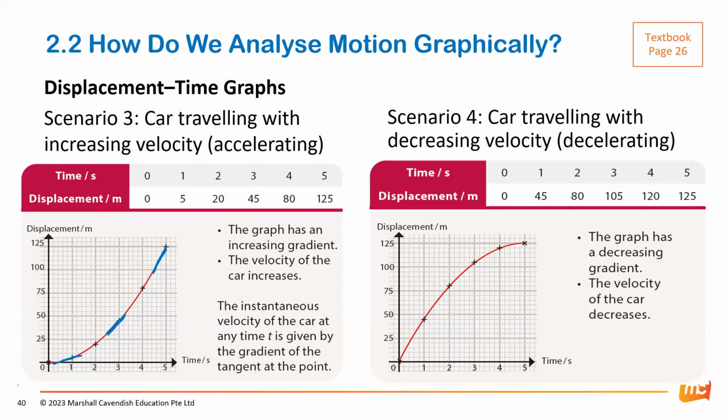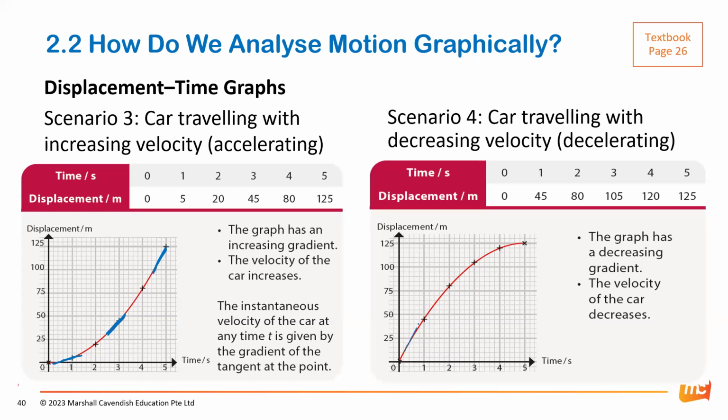Then vice versa, now I have a car moving with decreasing velocity, means that I am slowing down, decelerating in other words. So if I'm decreasing velocity, I should have a decreasing gradient, means my slope will get more and more gentle.